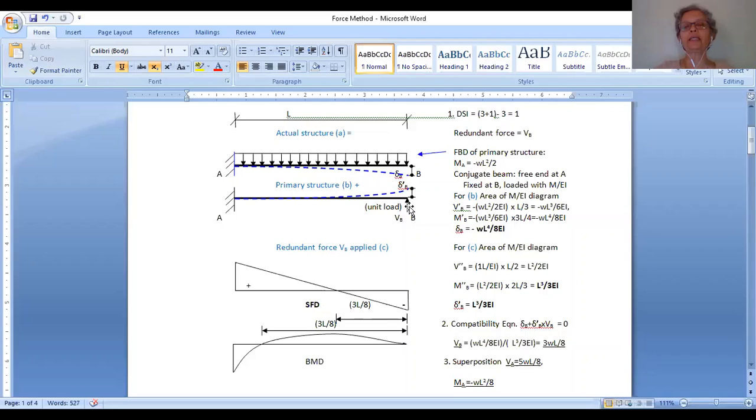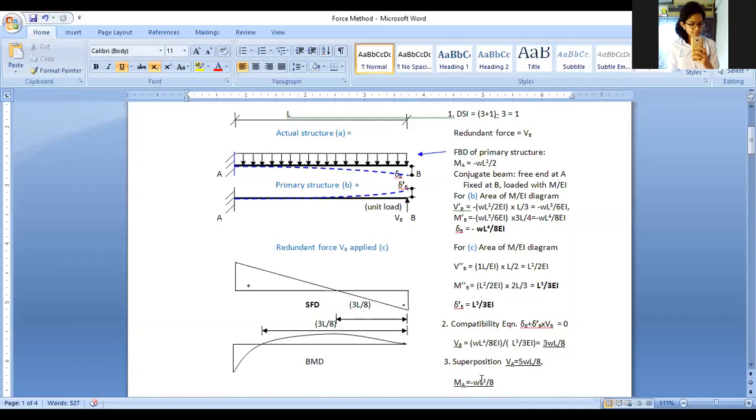So if I apply this additional force, I am bound to get a downward reaction equal to 3WL by 8, right? So what is the final reaction at A? Upward WL minus this downward force, it comes out to be 5WL by 8. Is this clear? Yes, ma'am.